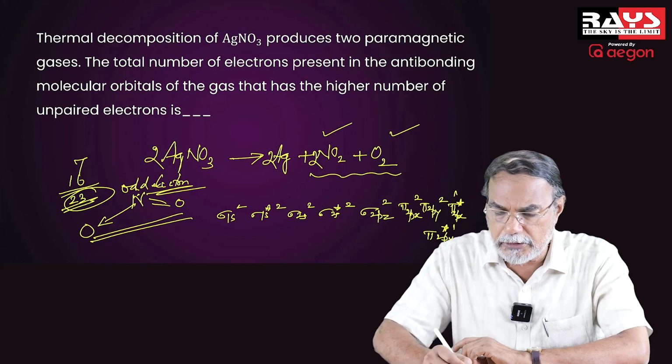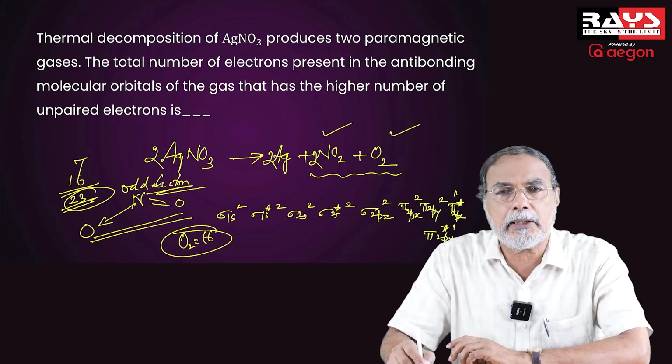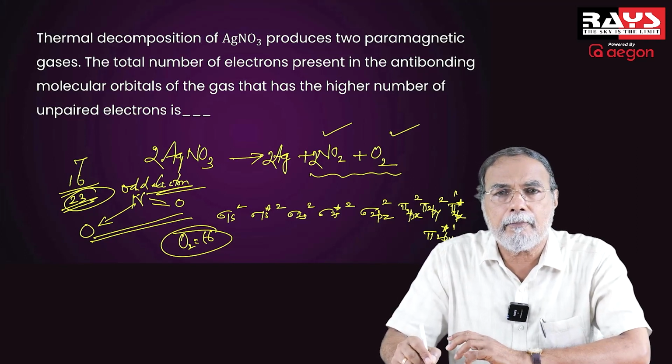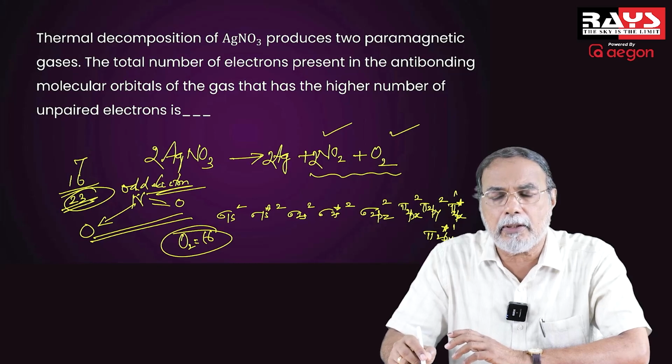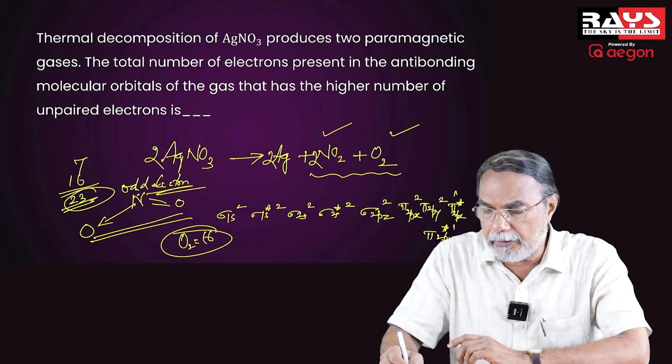The total number of electrons in an O2 molecule is 16, and the distribution of electrons in the molecular orbitals from the point of view of MO theory is this, and you find that it contains two unpaired electrons. 2 unpaired electrons in the antibonding pi molecular orbitals.